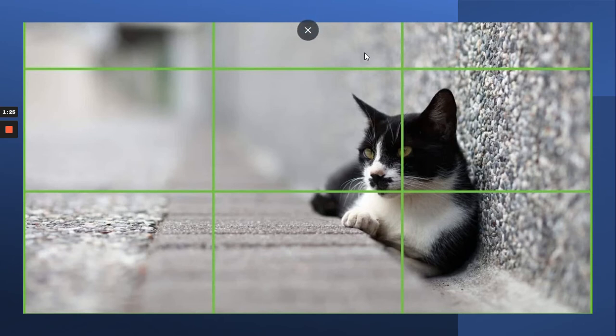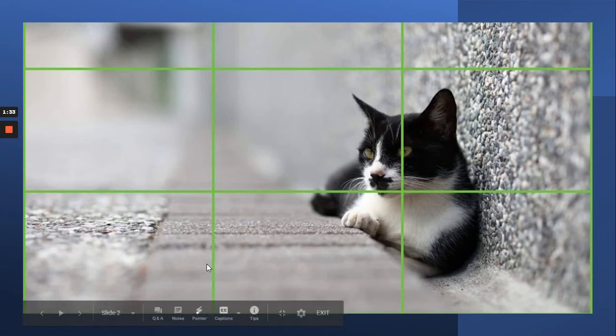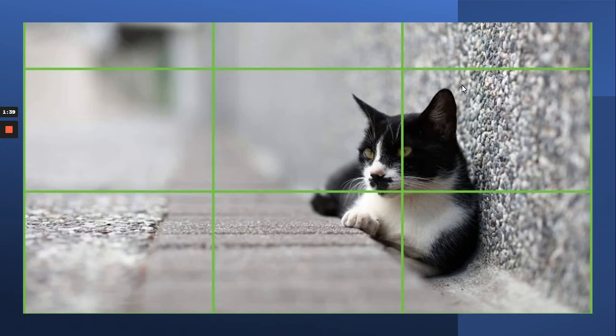This is good composition, not even just for photography, but also for a drawing or a painting. The rule of thirds is where they have a graph over top of your image. The whole idea is that where we position the main focus of something in a photograph goes by these guidelines.